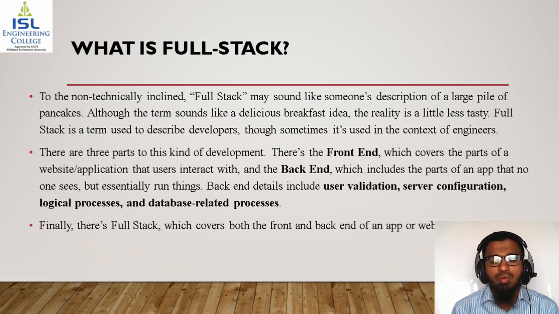Front end covers the part of the website or web application that the user interacts with. Whatever the user sees on the website is called front end. And the back end includes the part of an application that no one sees, unlike the front end, which everyone can see.